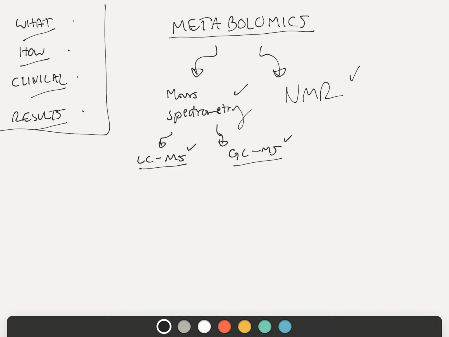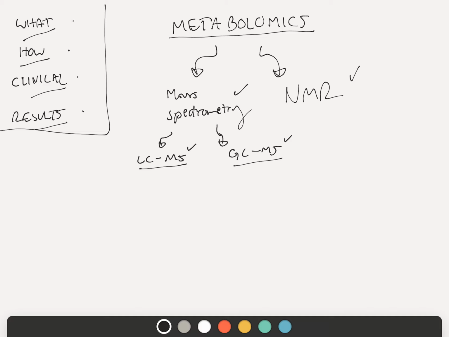For example, in mass spectrometry, whether it's liquid chromatography or not, all you need to do is get things through the machine, and that is after separating them by liquid chromatography or gas chromatography. You're going to detect them using a mass spectrometer, and then you're finally going to sequence them using something called fragmentation.